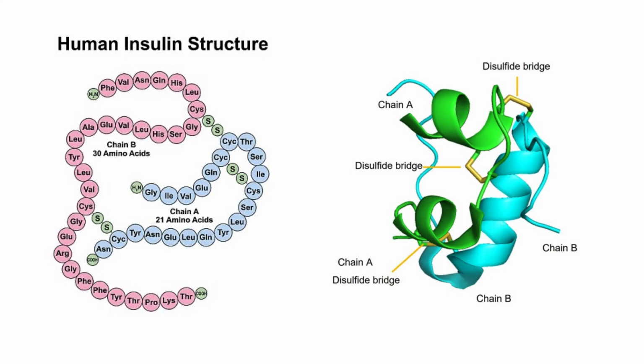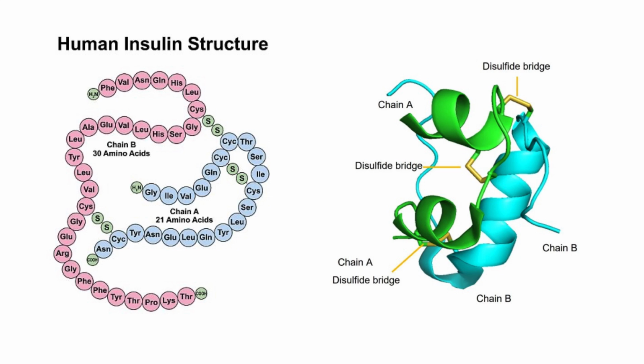Insulin is synthesized as a precursor protein called pre-proinsulin, which includes a signal peptide, making up a total of around 110 amino acids. Pre-proinsulin undergoes pre-processing to form proinsulin, which has about 86 amino acids.